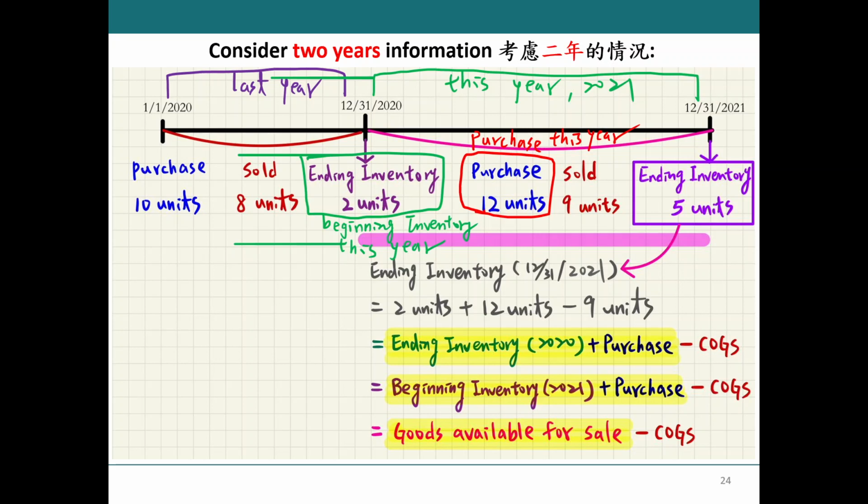This year I purchased 12 units more. So totally right now, how many units do you have? 2 plus 12, right? This 2 plus 12 is the total inventory you have.